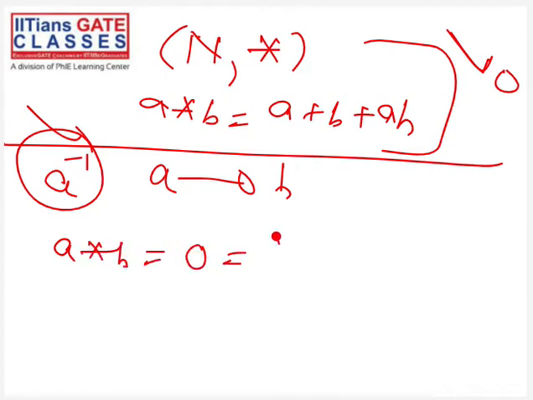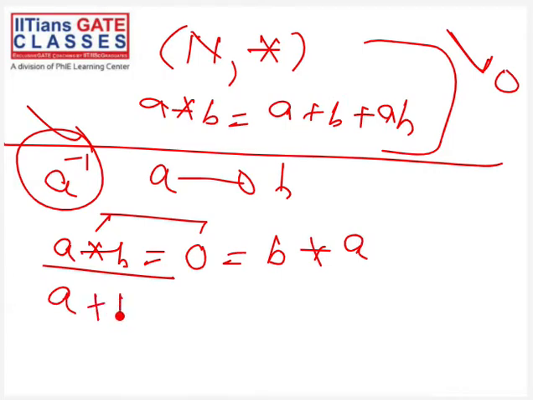Of course, this also should be equal to B star A, but we already know that this star operation is commutative, so we do not need to check that side because A star B anyway is equal to B star A. So let's check this side. A star B is equal to 0. Then what is A star B? That is A plus B plus AB is equal to 0.